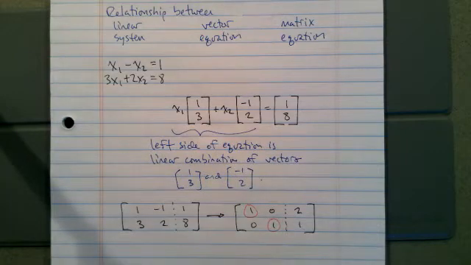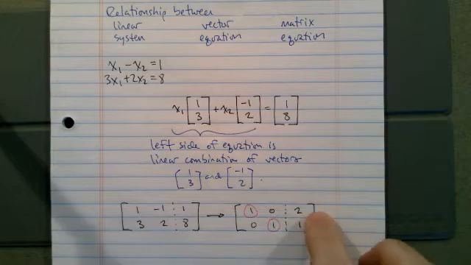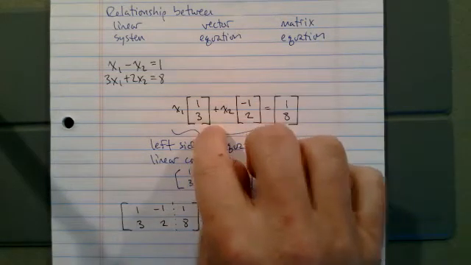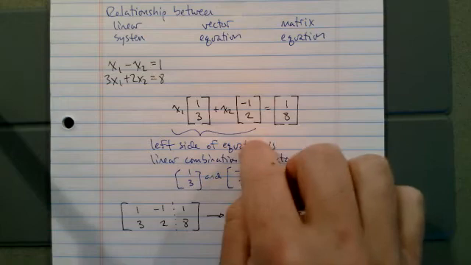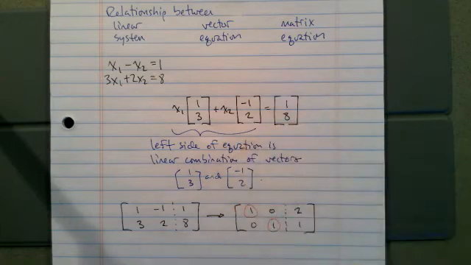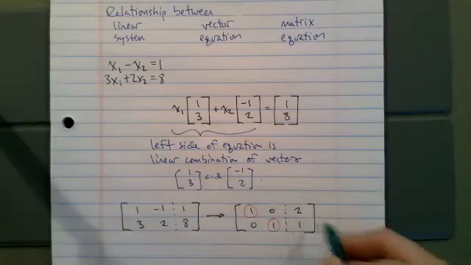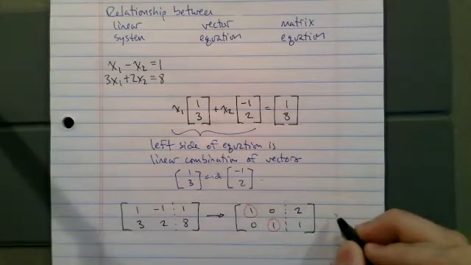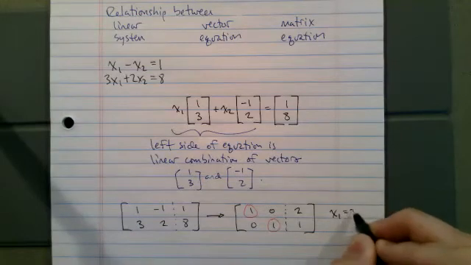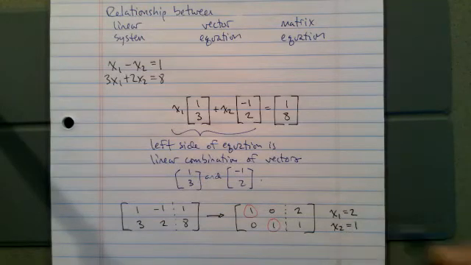So what this means in terms of the vector equation is, if I take 2 times 1, 3 plus 1 times negative 1, 2, I'll get 1, 8. Let me write the general solution over here: x1 equals 2 and x2 equals 1.